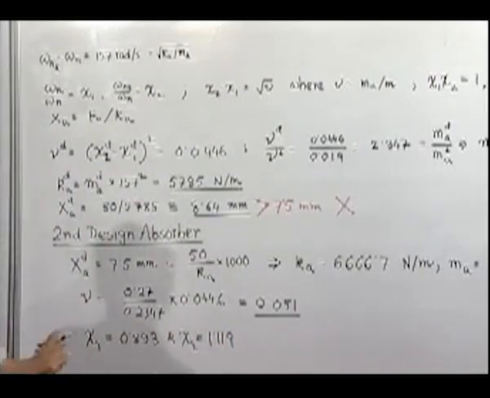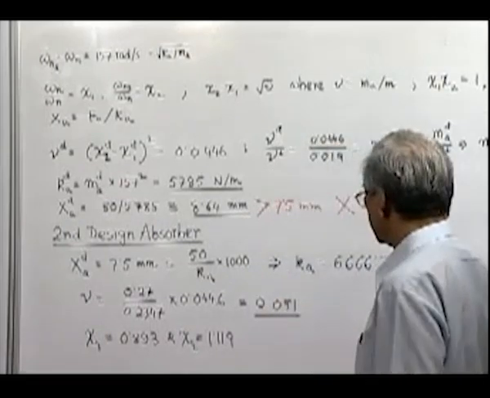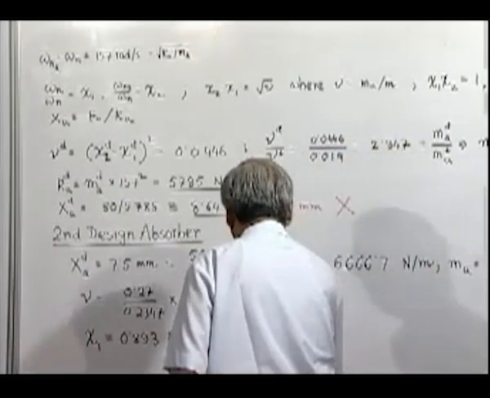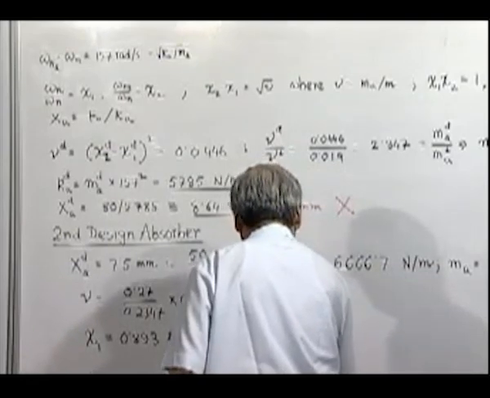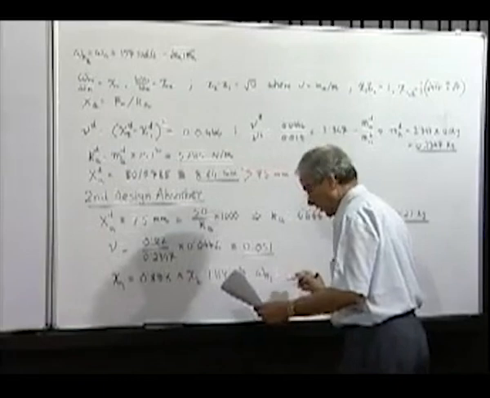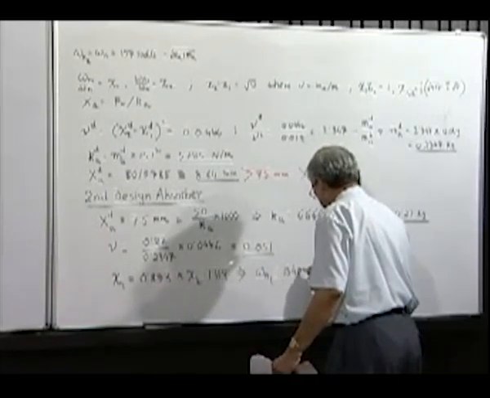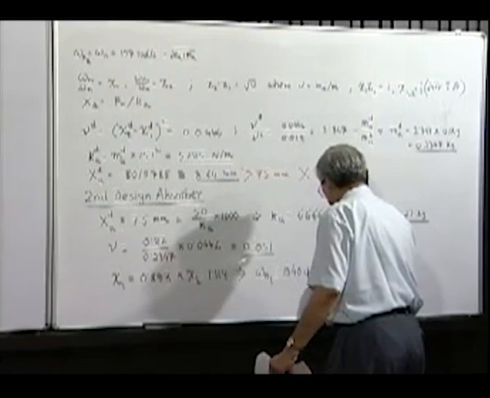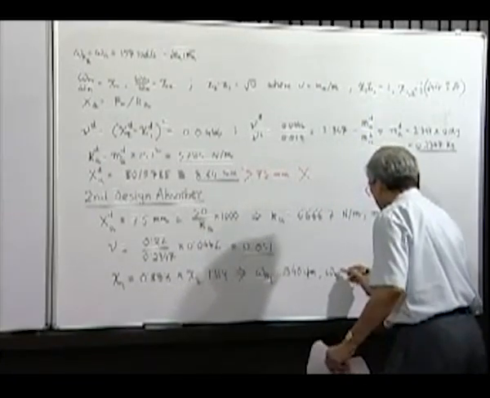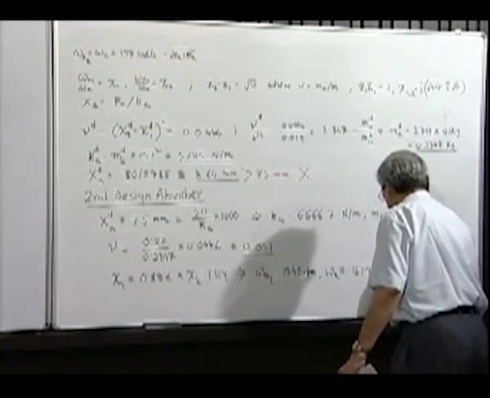Since chi 1 is nothing but omega n 1 by omega n and chi 2 is nothing but omega n 2 by this, directly they will give us the values of omega n 1, which is equivalent to 1340 rpm, and omega n 2, which will be equivalent to 1679.